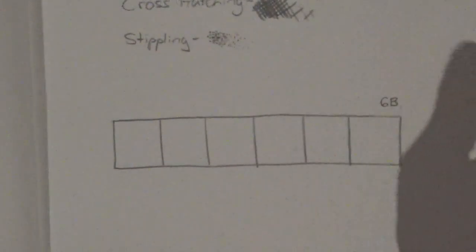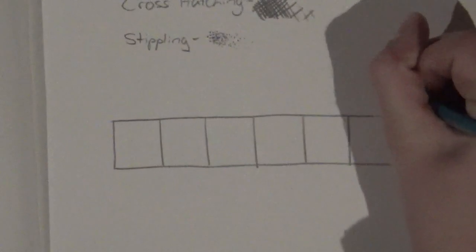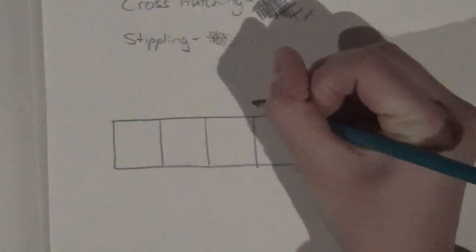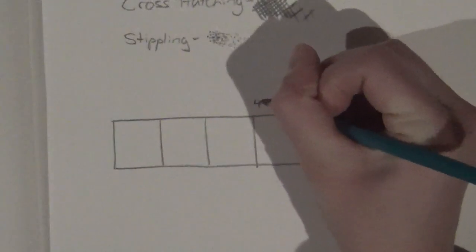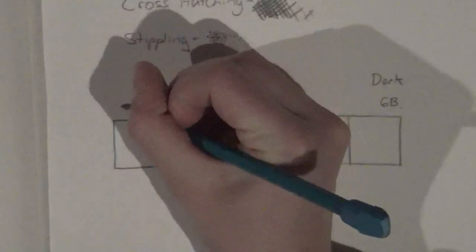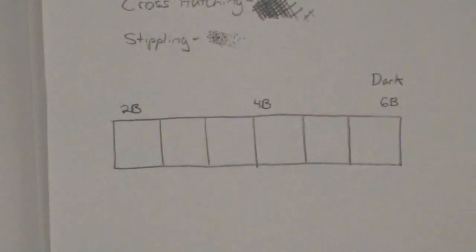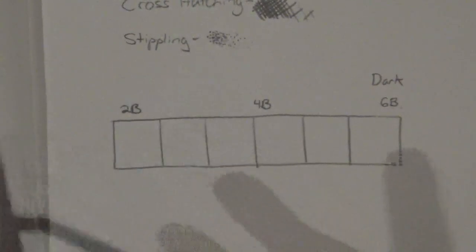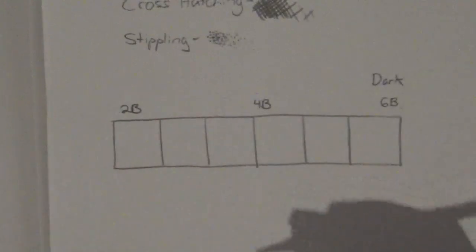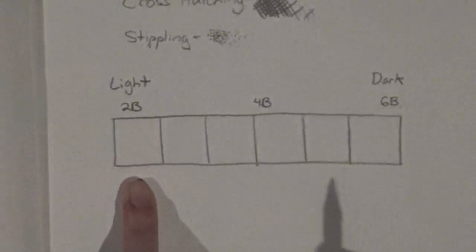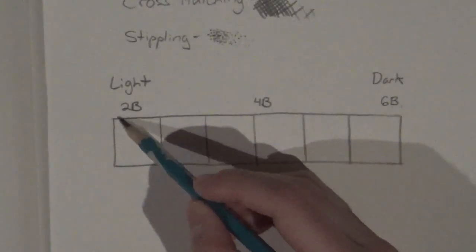So 6B is super dark, and then a 4B is in the middle, and then a 2B would be light, okay? And then there are also H pencils, and H pencils are lighter than the B pencils, but we're just going to focus on these 3, okay? So, light to dark.